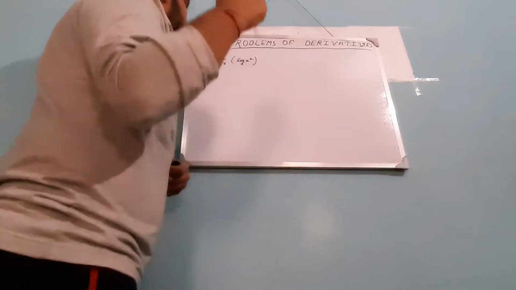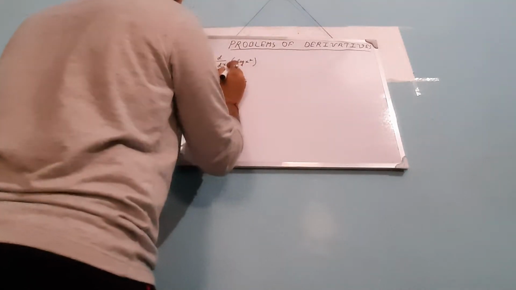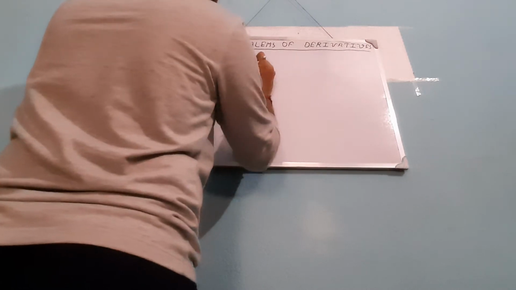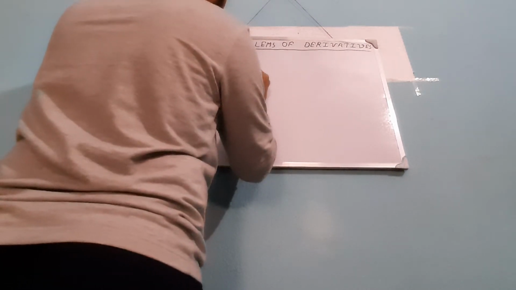So the next problem is dy/dx of log x square. You know the formula: dy/dx of log x means 1 by x, so it will be 1 by x square into the derivative of x square. You know the x to the power n formula, so the derivative of x square is 2x.